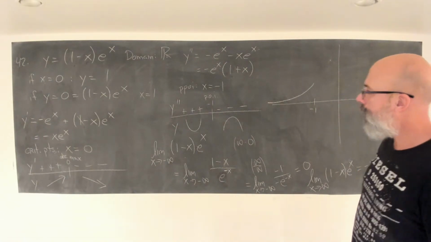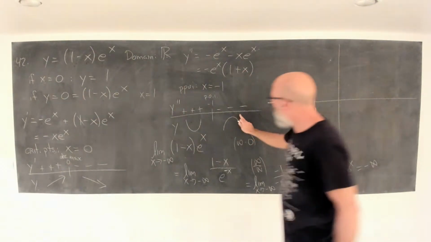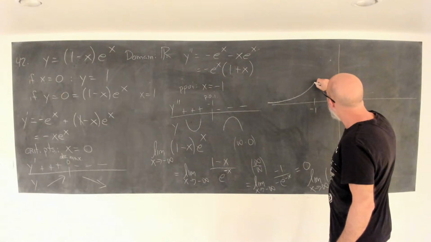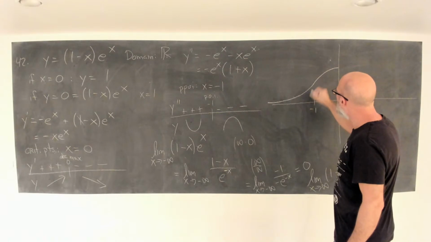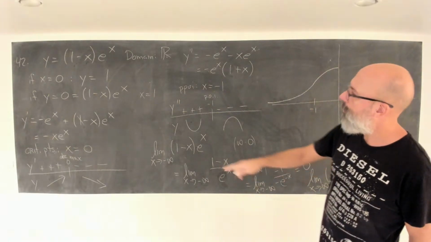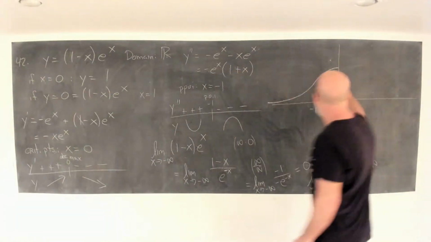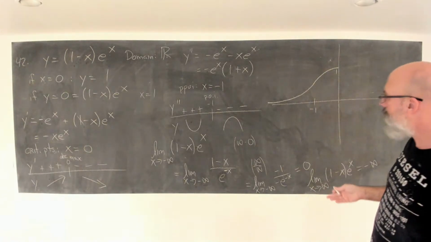After -1, what's happening? You're still increasing, but now concave down all the way to 0. At 0, we were at 1. Afterwards, what is happening?